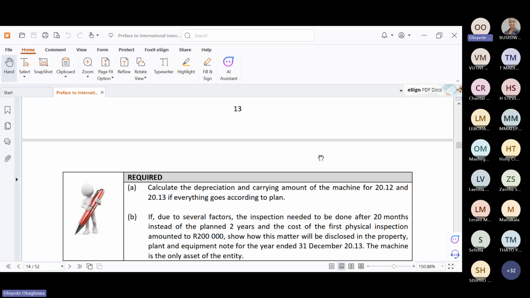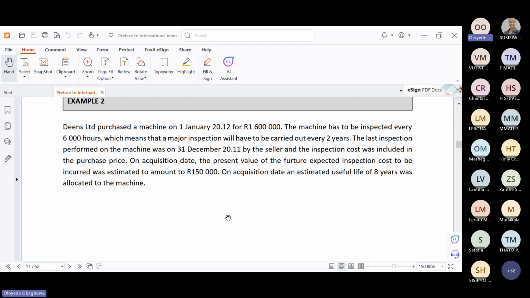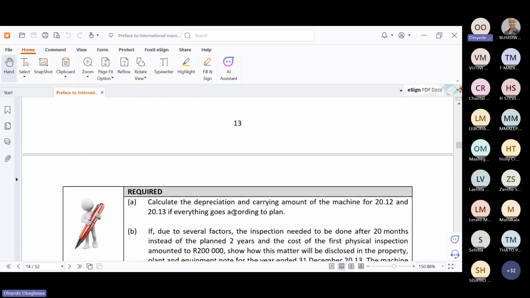Show how this matter will be disclosed in the property, plant, and equipment note for the year ended 31st December 2013. The machine is the only asset of the entity. So the question is in two parts. We are to calculate the depreciation and carrying amount of the machine for 2012 and 2013.